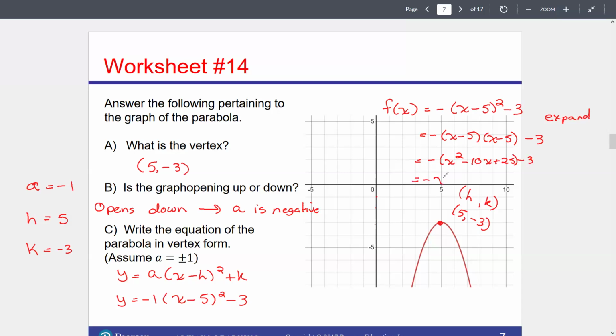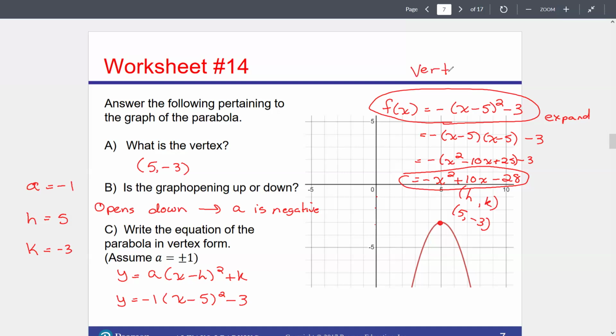This would be minus x squared plus 10x minus 28. So these are both the same equation here. Just wanted to point out that you can expand this. You can get back to that form where we have ax squared plus bx plus c.